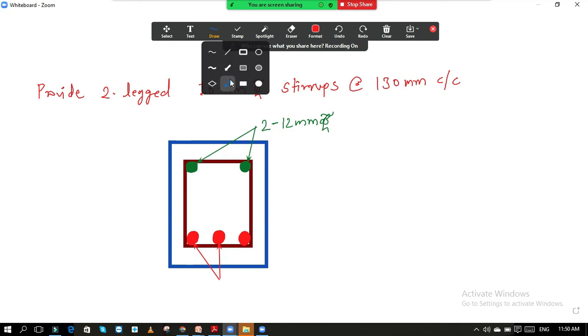These three bars, what we have designed, are for that equivalent moment Me1, and these are the three bars of 20 mm diameter.